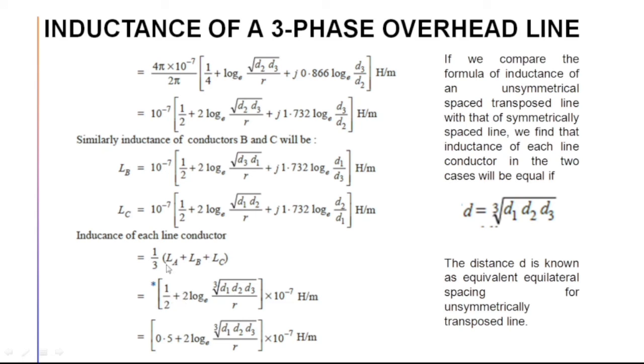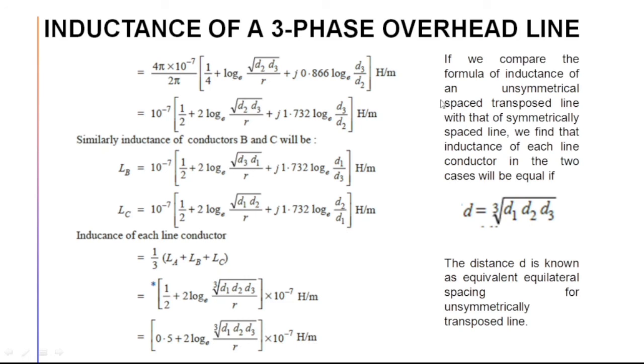Here by the substitution of La, Lb and Lc, the summation of this quantity by 3, we are getting this expression: 1 by 2 plus 2 log base e cube root of d1 d2 d3 by r base e into 10 to the power of minus 7 Henry per meter. 1 by 2 is 0.5 plus 2 log cube root of d1 d2 d3 by r base e into 10 to the power of minus 7 Henry per meter.